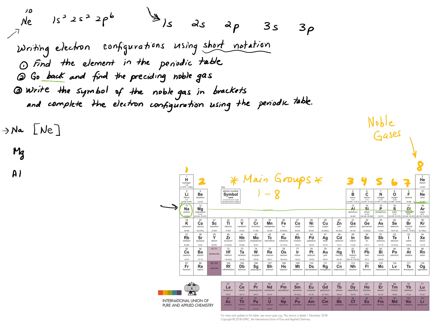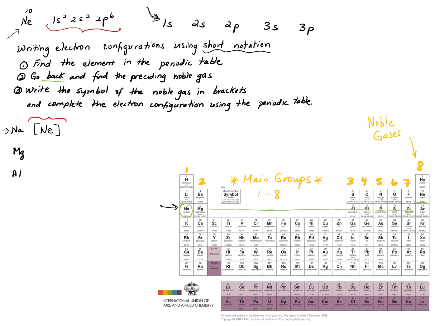You have the electron configuration for neon with 10 electrons, 1s2, 2s2, 2p6. When we write down neon in brackets, it means that we have 10 electrons right there, 1s2, 2s2, 2p6. You see why it has to be neon and not argon.